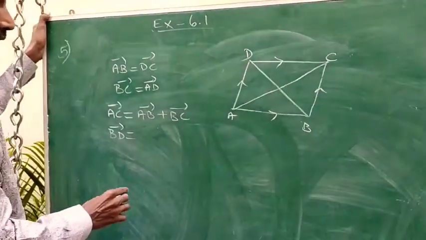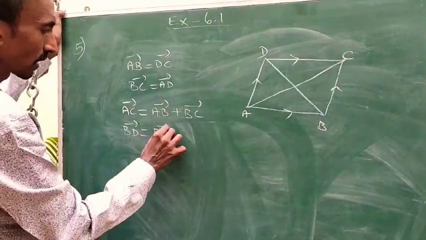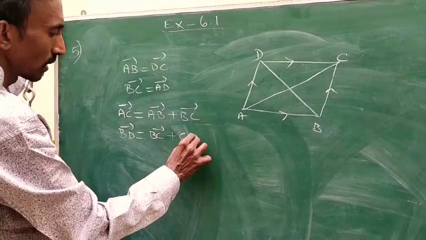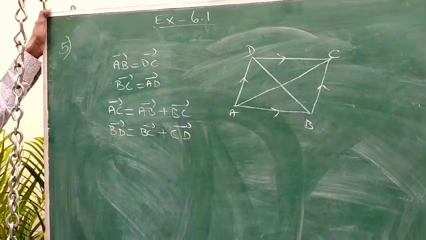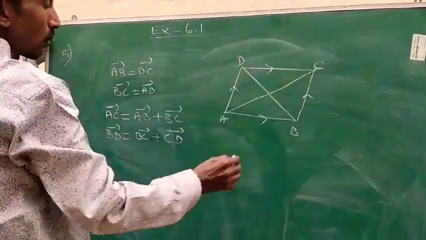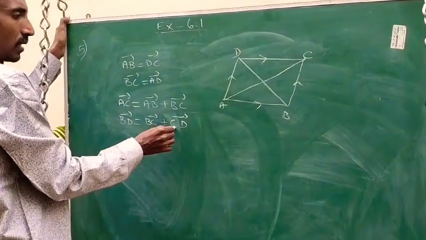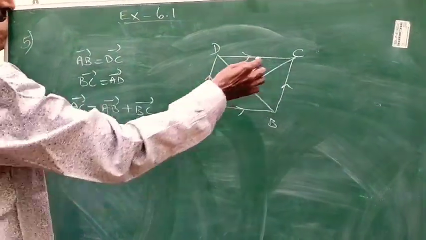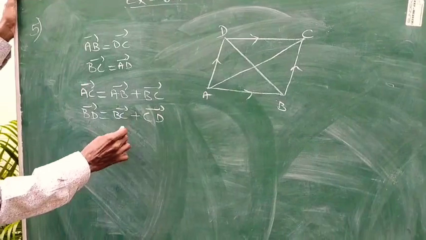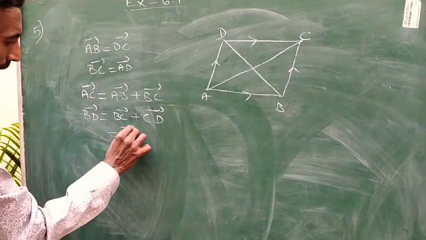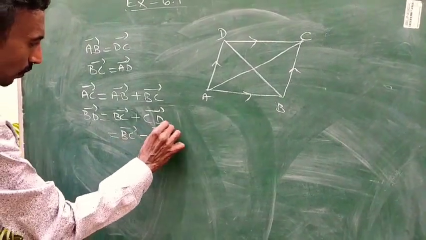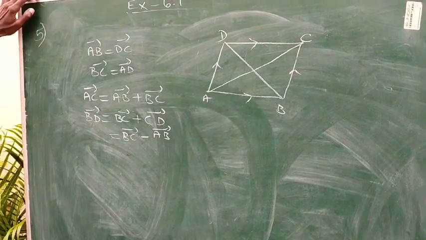So BD vector equals BC vector plus CD vector. AB and DC are equal, but here CD means opposite direction. So instead of CD we can put minus AB.